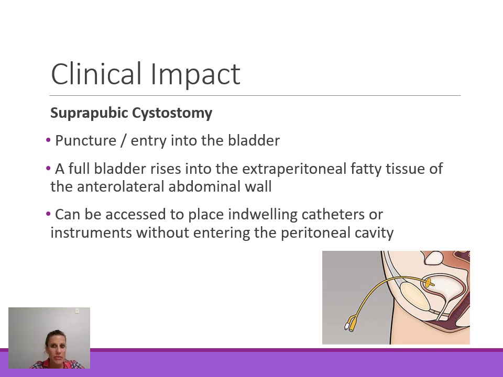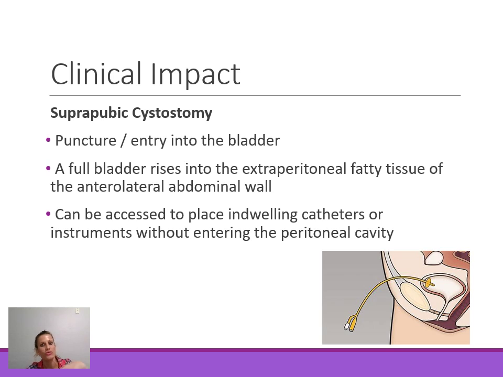The reason that this can be accomplished is that, remember, as the bladder fills, it rises out of the true pelvic cavity, or out of the true pelvis, and up into the greater pelvis. So the bladder rises into the abdominal space, and it rises into the extraperitoneal fatty tissue, or the tissue outside of the peritoneal cavity, just deep to the anterolateral abdominal wall.